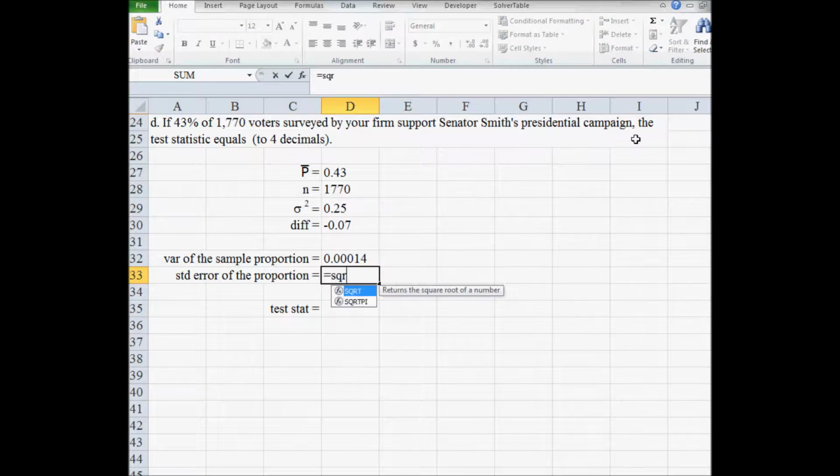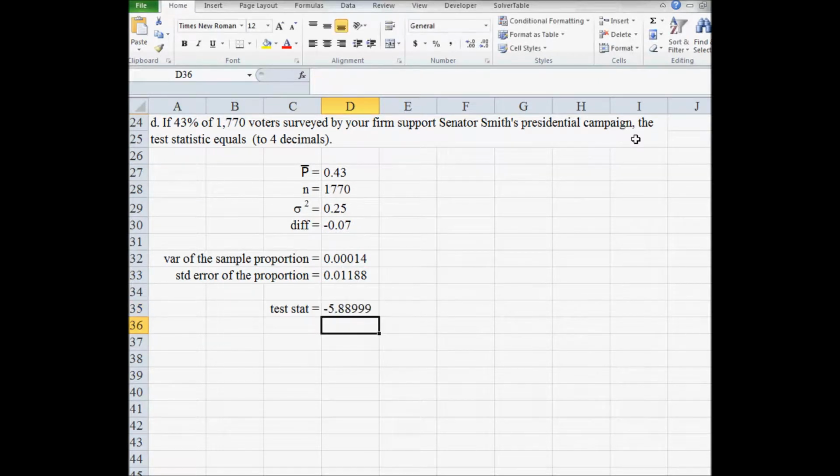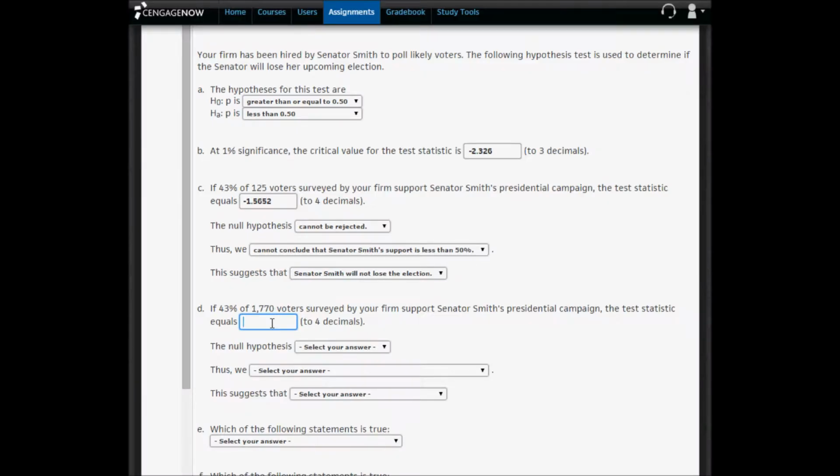The standard error is the square root of the variance of the sample proportion. The test statistic is the point estimate of the difference divided by the standard error. To 4 decimals, the test statistic is negative 5.8900. We're going to copy that into Cengage Now.